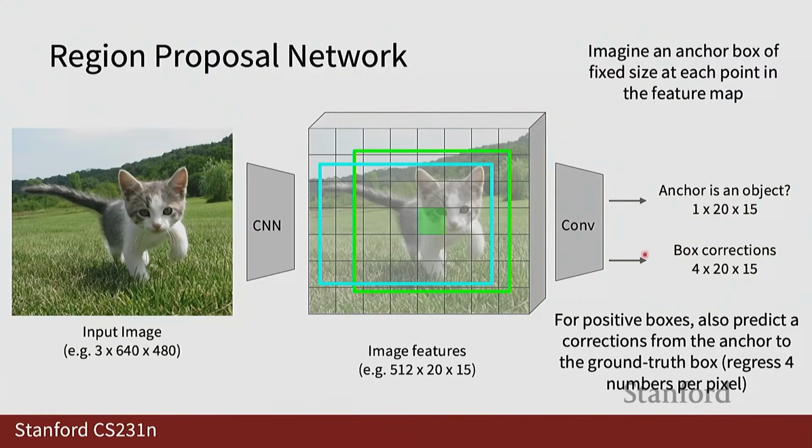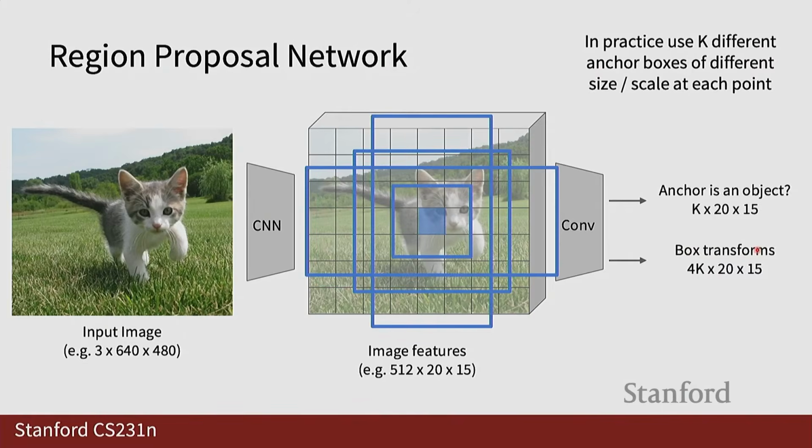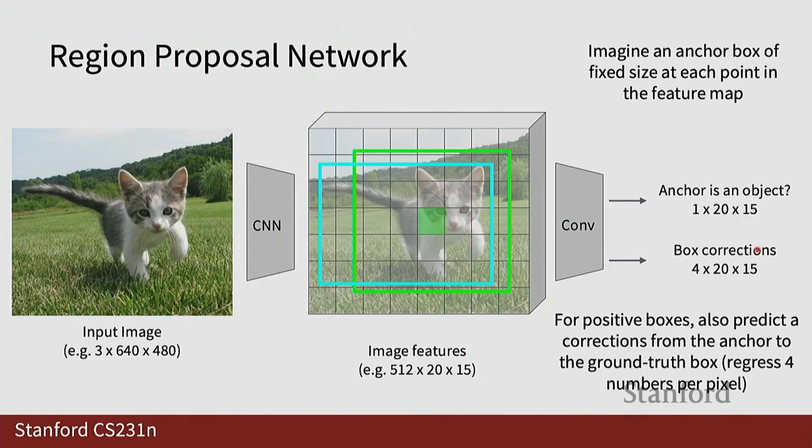Each of those also refines the box coordinates. So basically, a region proposal network refines the boxes that have a high probability of an object in them, and outputs the box corrections.